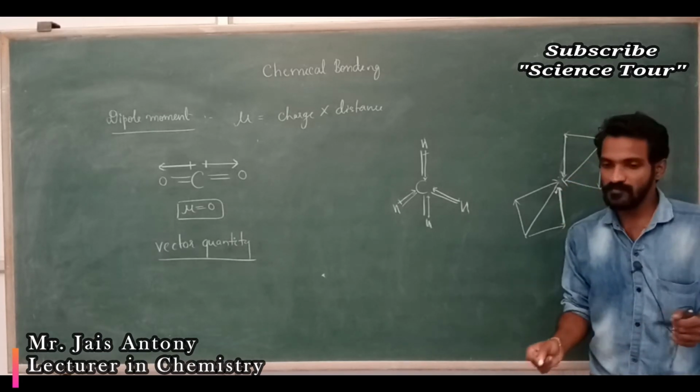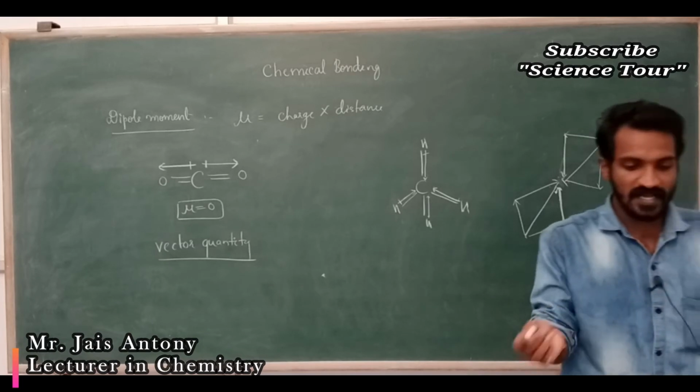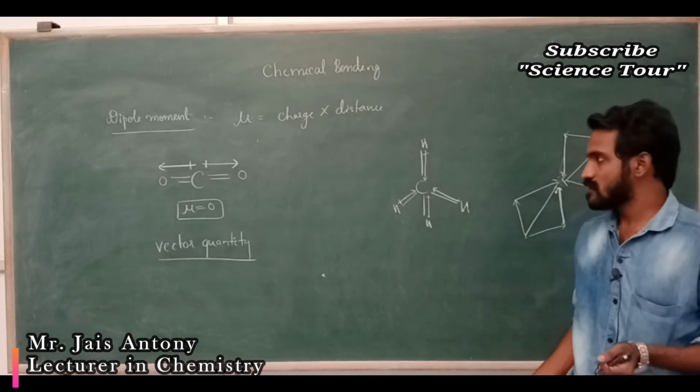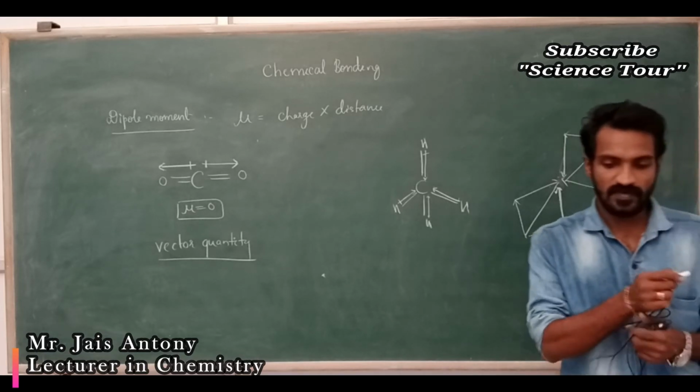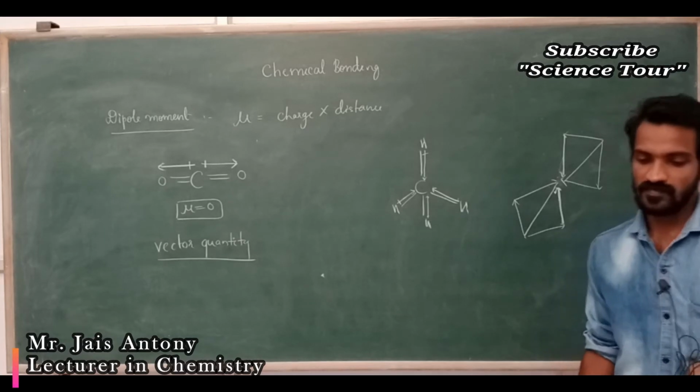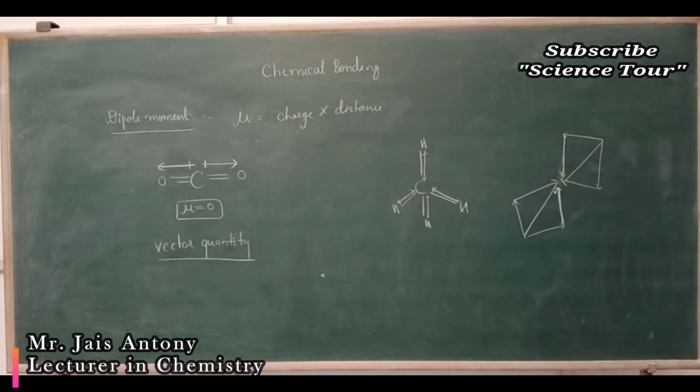So the resultant dipole moments are on opposite sides, and those two resultant dipole moments cancel each other, okay. So here mu is equal to 0.